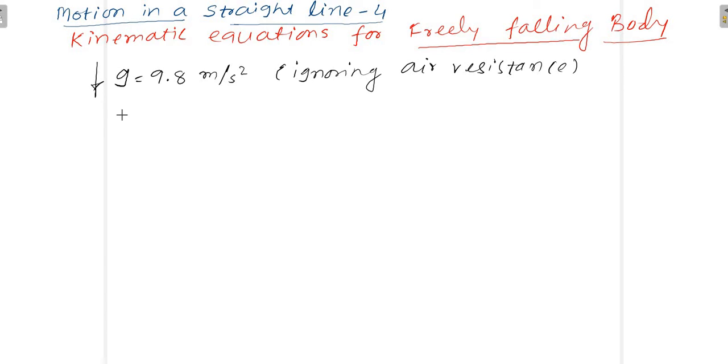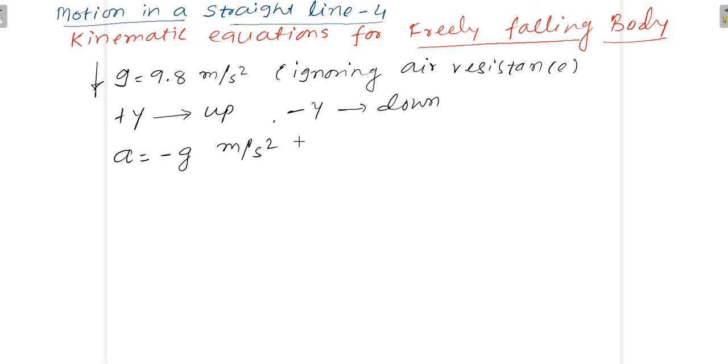Gravitational pull is always towards the earth, that is, in the downward direction. So when we study this type of motion, the positive y-axis is up and the negative y-axis is downward. If the object is allowed to fall freely, then acceleration a is equal to minus g, because the movement is in the negative y direction. We are not supposed to derive the kinematic equations separately.